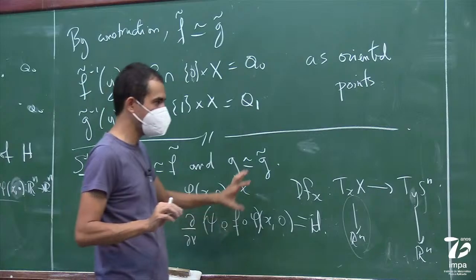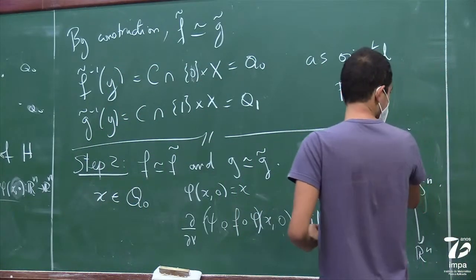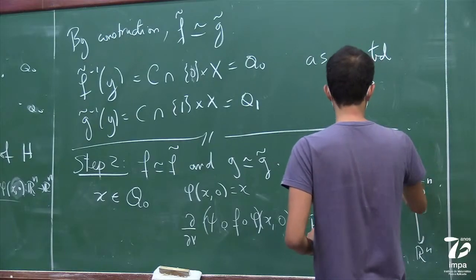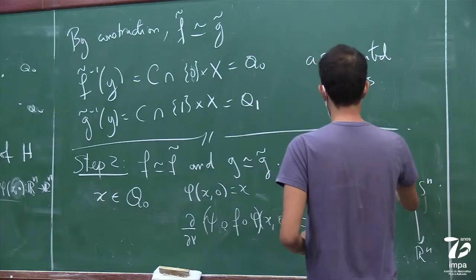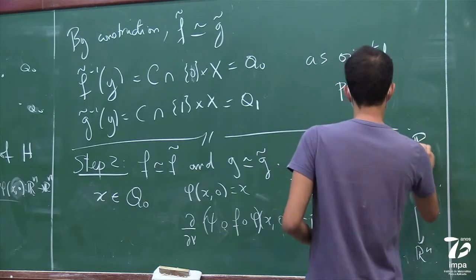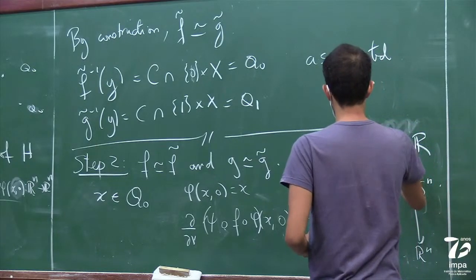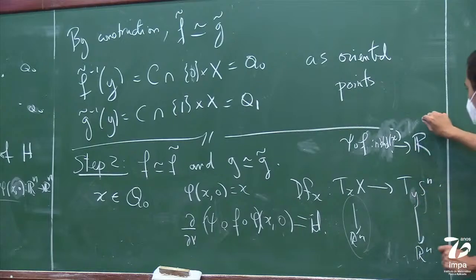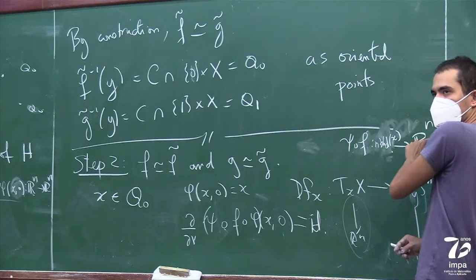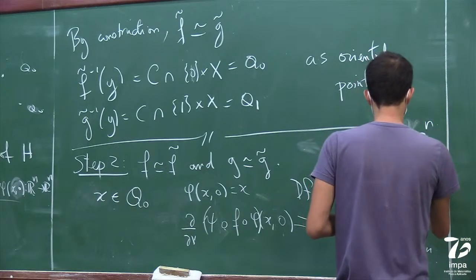If you compose your f with the stereographic projection, that will give you a map from a neighborhood of your x to Rn. So you can look at the derivative of this map, and that's going to give you a map from TxX to Rn.